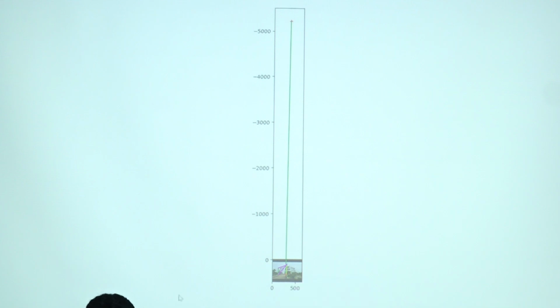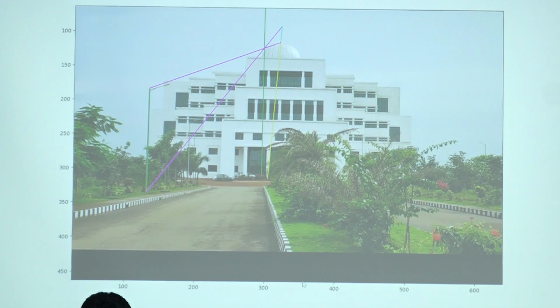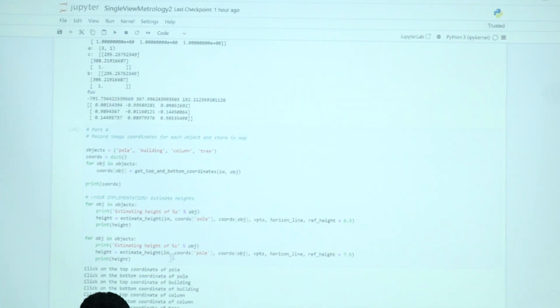And then finally I can see it as well for the building. So the pole is on top of the building, that's what it will look like in the scene. We can see what that results in.